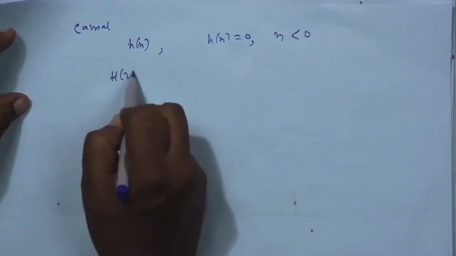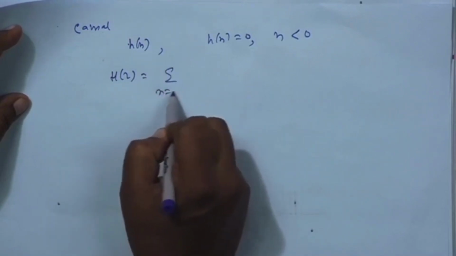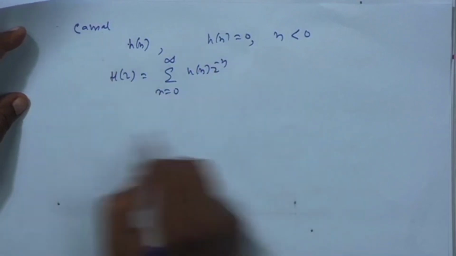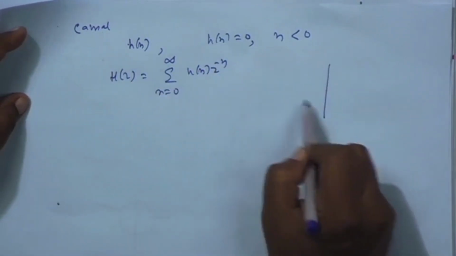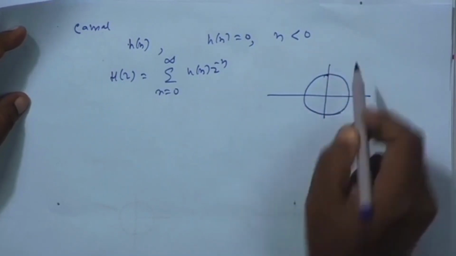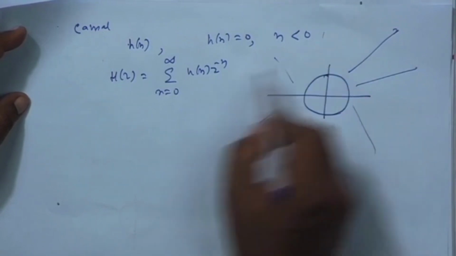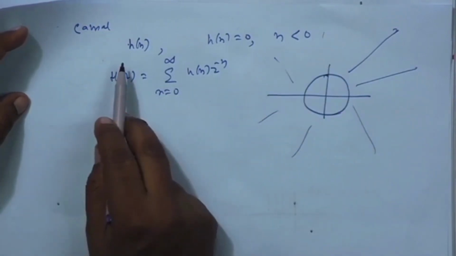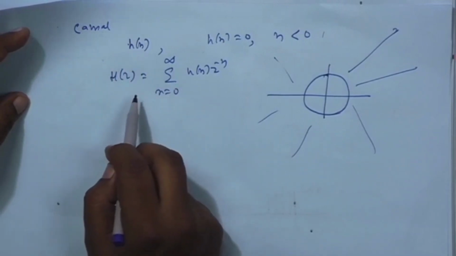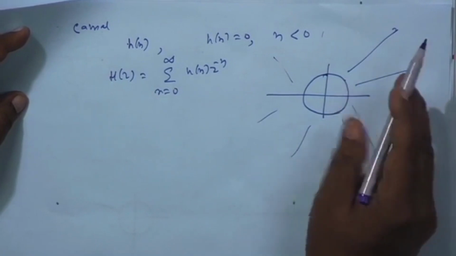So, it is a purely right sided sequence. We have seen for purely right sided sequences, ROC will be outside a circle and will go up to infinity. So, if it is a causal sequence, the Z transform of a causal sequence will have region of convergence starting from a circle and then going up to infinity.